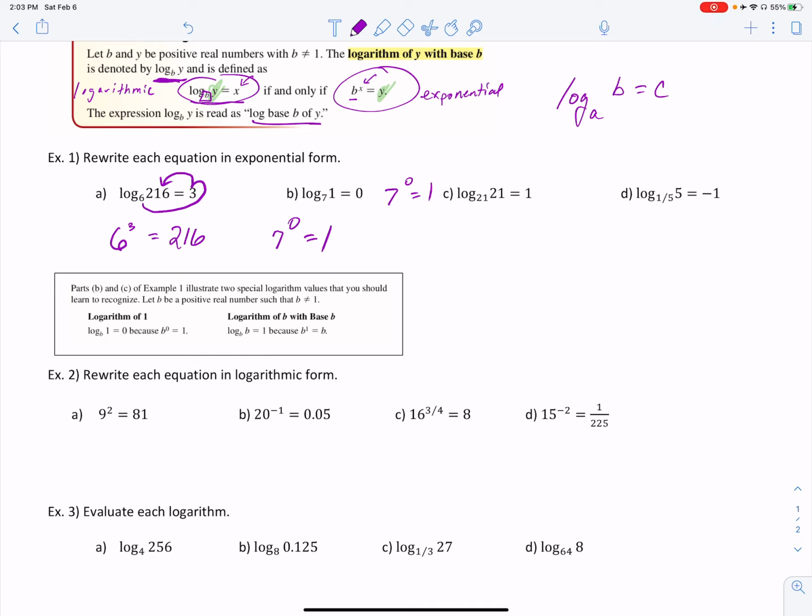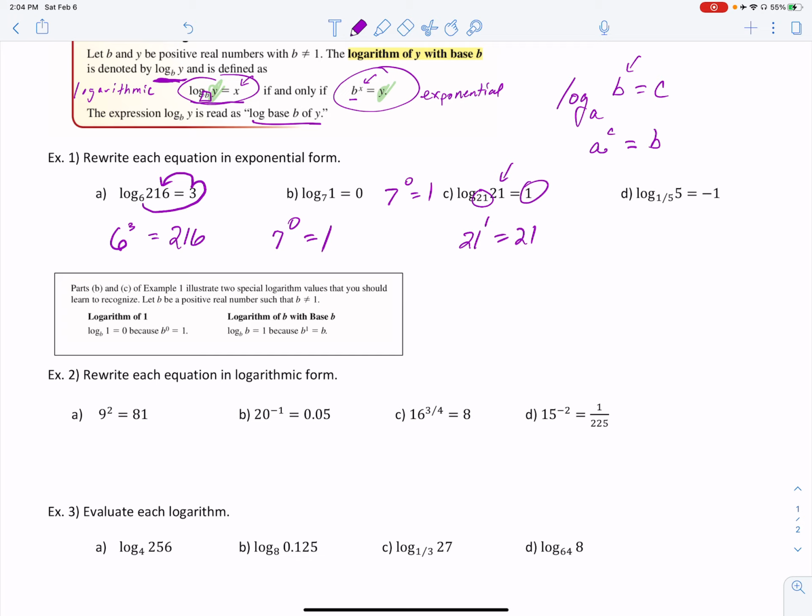And so then you need to understand that the base is a, the output of the logarithm is the exponent, and the argument of the logarithm is what that base to the exponent equals. All right, so in part C, the base is 21, the exponent is 1, and then equals the argument. So that's what we want for writing it in exponential form.